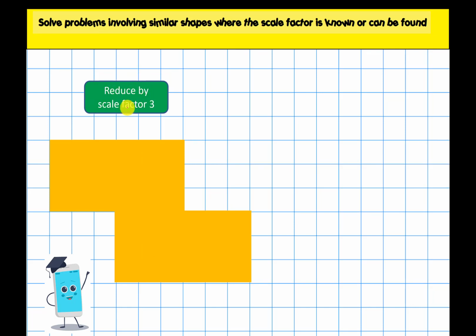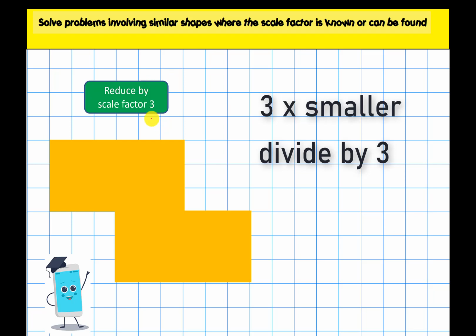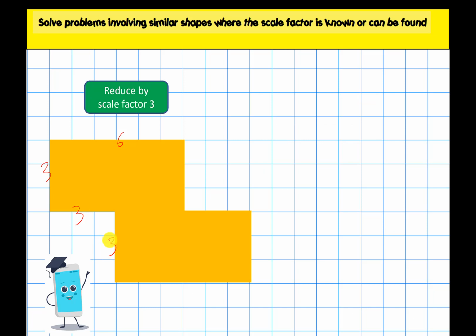This one is reducing by scale factor 3. So reduce means to divide by 3. Let's label each of these parts. 1, 2, 3, 4, 5, 6. 3, 3, 3. 1, 2, 3, 4, 5, 6. 3, 3, and 3. So to reduce this by scale factor 3, each of these parts needs to be divided by 3.